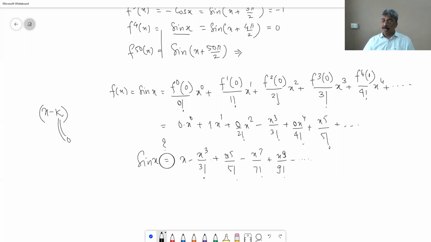Or you can multiply pi by 6 three times to each other, five times, etc. But what you do is use a calculator for maybe the first 4 terms: x, x cube by 3 factorial, x fifth by 5 factorial, x seventh by 7 factorial. Put pi by 6 in place of x and find out the RHS, whether it is nearing half or not. We will cross check.